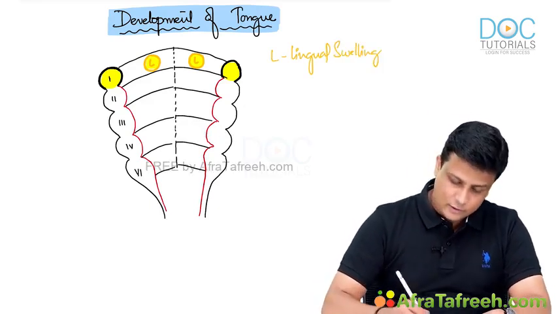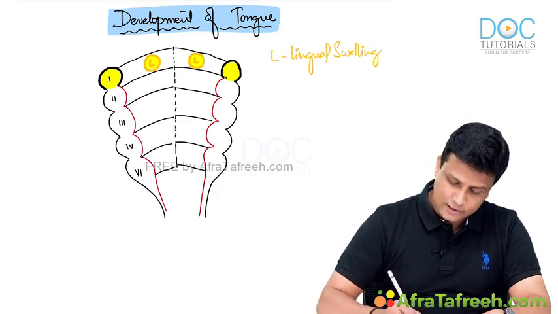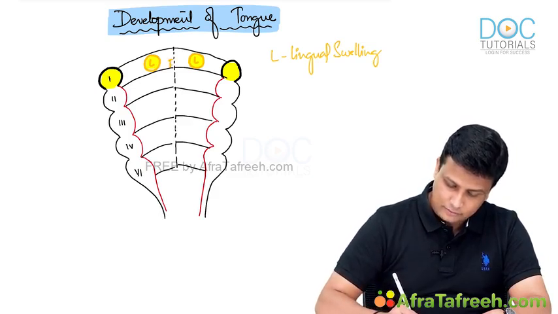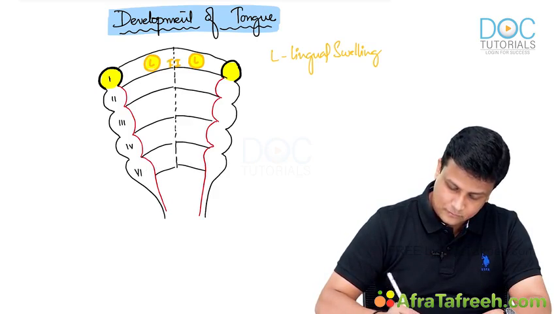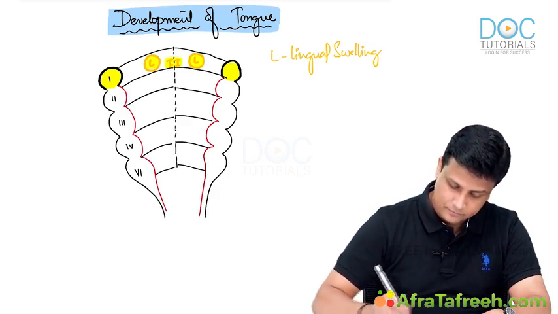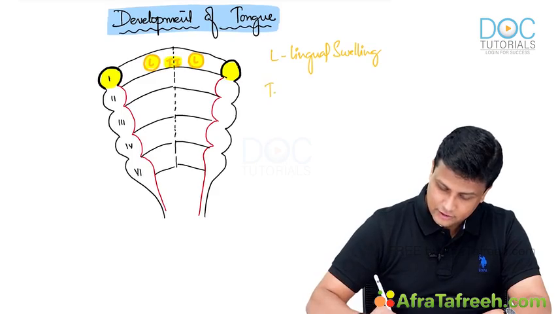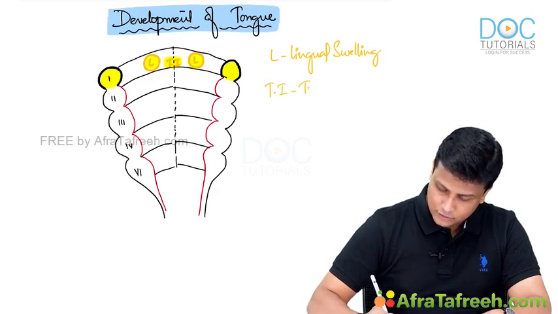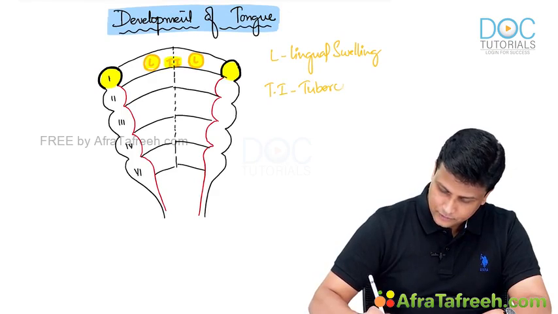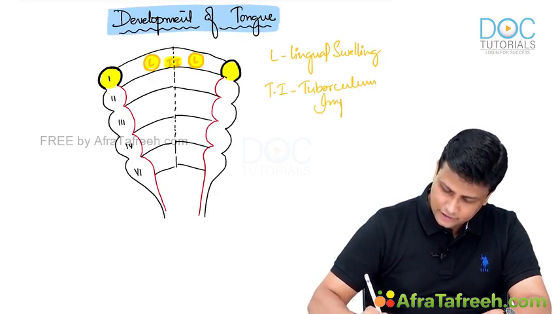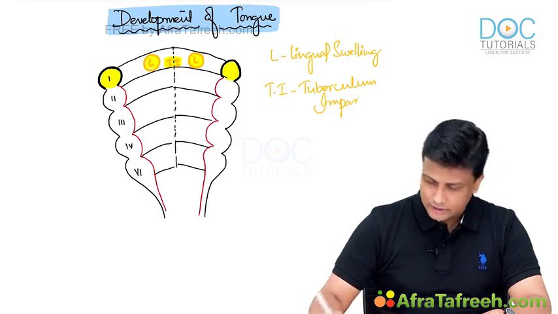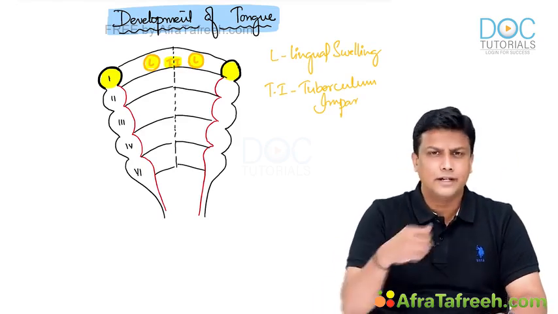In between these lingual swellings, there will be one more swelling here that is known as the tuberculum impar. So TI stands for tuberculum impar. But I'll tell you one thing here, the tuberculum impar doesn't have much role in the development of the tongue.